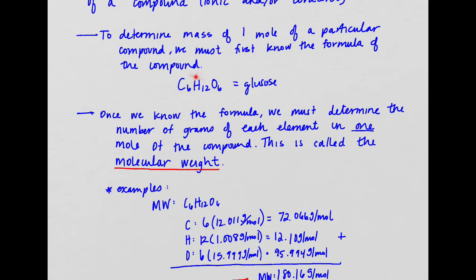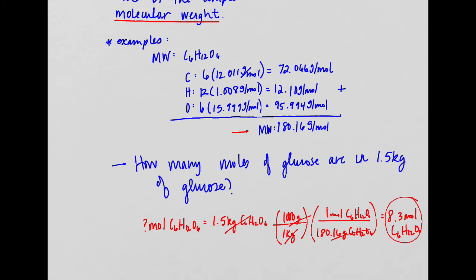We looked at compounds that have multiple elements in them, and we determined the molecular weight, remember molecular weight, of this compound based on the molar masses of each of the elements and how many of those elements constitute that compound. So for example, in glucose, we have 6 carbons.